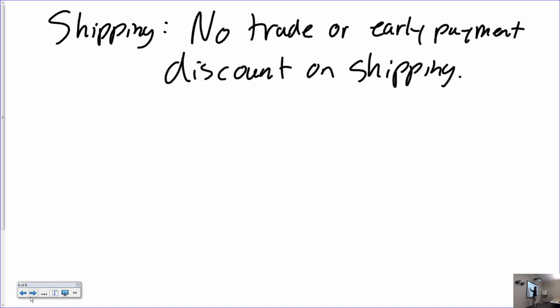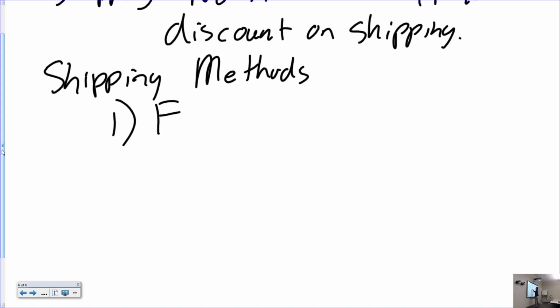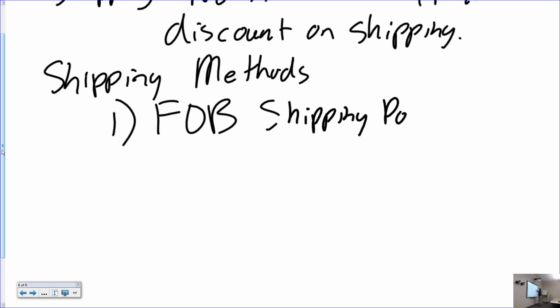Now, there are two methods of shipping. FOB shipping point.